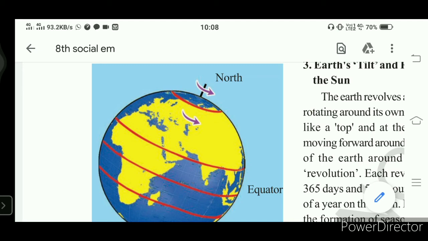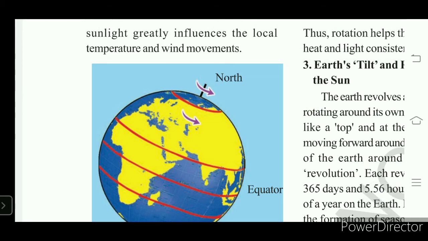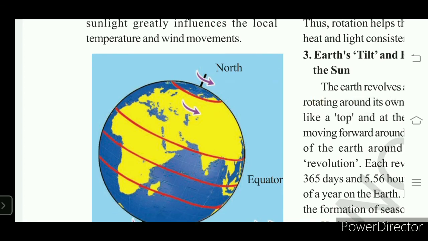There is no tree cover in the Arctic region. Why does tree cover not appear in the Arctic region? Because the area is covered with snowfall, and that snow becomes very hard due to the coldness. The hard soil does not allow the roots of trees to grow, so trees do not appear at the poles.